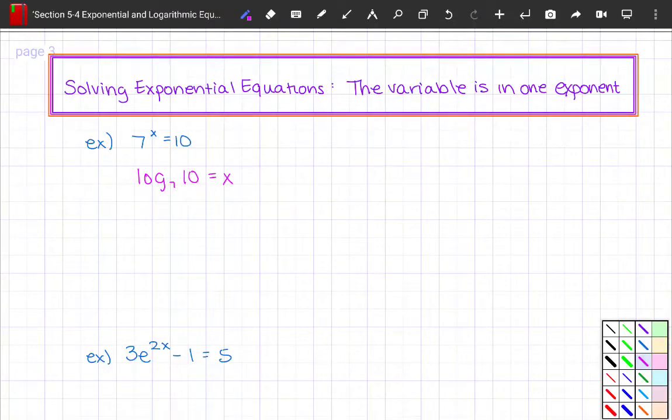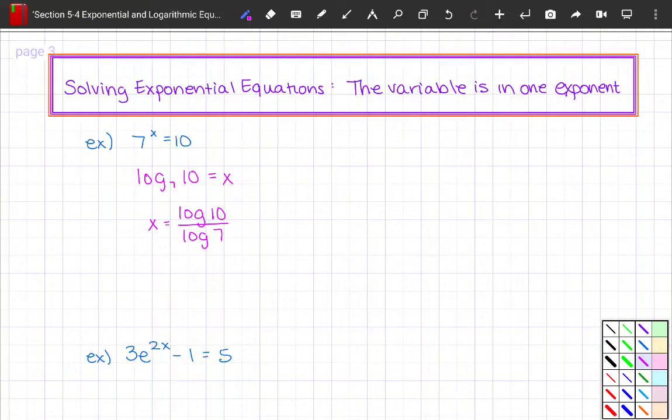So if you do it this way, you have to use a change of base formula, which on this problem isn't bad at all. Again, you could use natural logs or common logs. I see a 10 there. Instead of using natural logs, which is my norm, I'm going to use common logs, because then this would be log base 10 of 10 over log base 10 of 7.